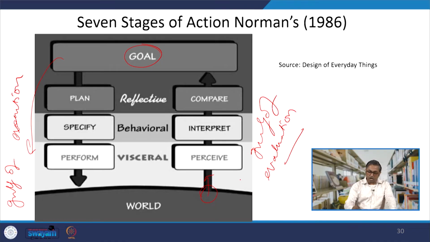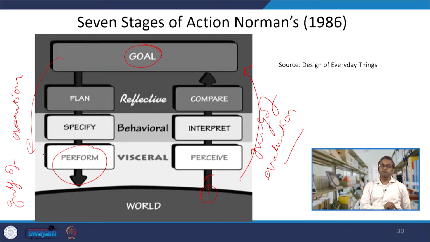Now, how are we seeing this? There is a plan required, some specificity is required, specific information, specific action, and then the performance has to be made. Now, when this performance has to be made, it may involve anxiety.